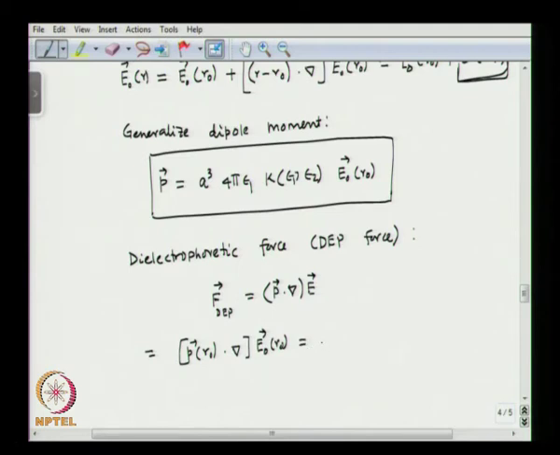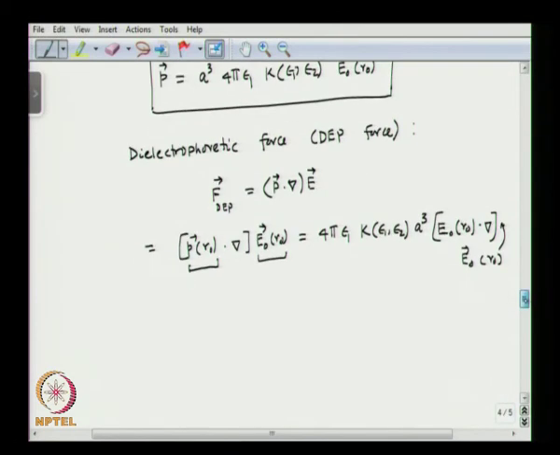So that is going to be 4 pi epsilon 1 into the Clausius-Mossotti factor into a cube. So we have one electric field coming from there, and there is one more here. So that becomes, we can write it as E0(r0) dot gradient of E0(r0). Okay.